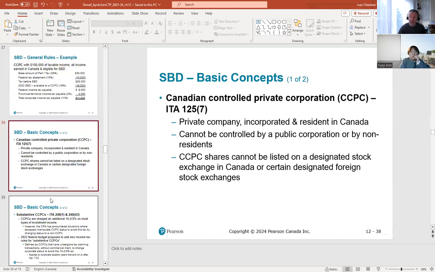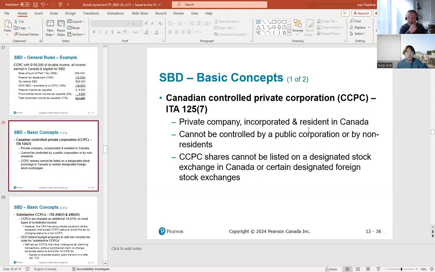So which are the Canadian-controlled? Now the definition here is: private companies incorporated and resident in Canada, cannot be controlled by a public corporation or non-resident. So every time you have an international student as an owner of the Canadian corporation, that doesn't qualify for a Canadian-controlled private corporation. Make sense?